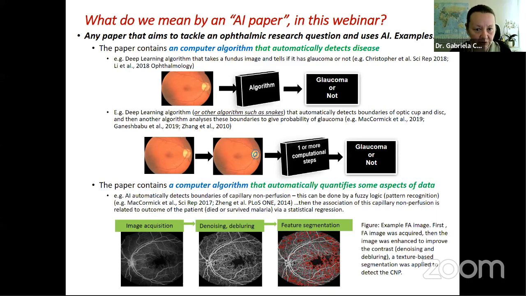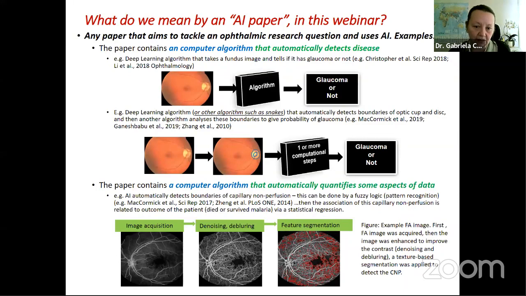This can then be used by clinicians to manually evaluate, for example, how much capillary non-perfusion is there, or you can use a further mathematical algorithm to do automated feature segmentation, like you see here with these red areas. And these red areas are indicating the boundaries of capillary non-perfusion.